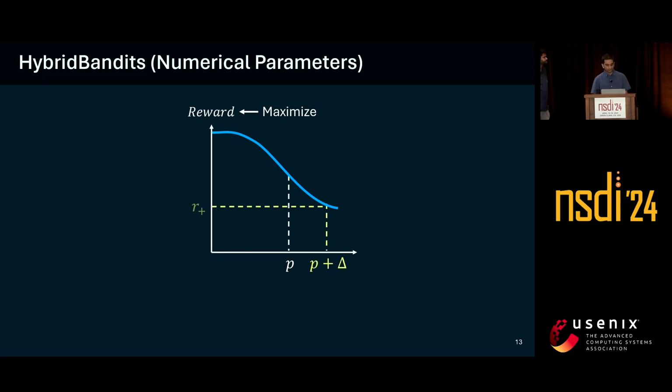In essence, it perturbs the parameter value in one direction by a small amount, delta, and then in the opposite direction. It receives a reward from the application for both these perturbations. It then uses an update rule to move in the direction of the increasing gradient. Note that we use gradient ascent since we want to maximize the reward.